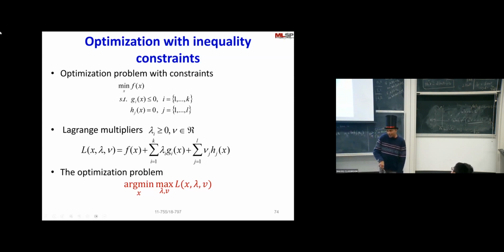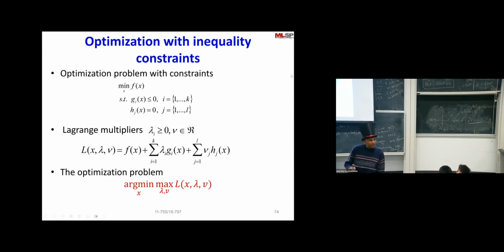So anytime the constraint was not satisfied, you could always choose a Lagrange multiplier so that your objective function swung wildly in the wrong direction. When you had an inequality constraint saying g(x) has to be less than 0, and I was trying to minimize this function, there was a constraint on lambda. What was that? It always has to be positive, right?